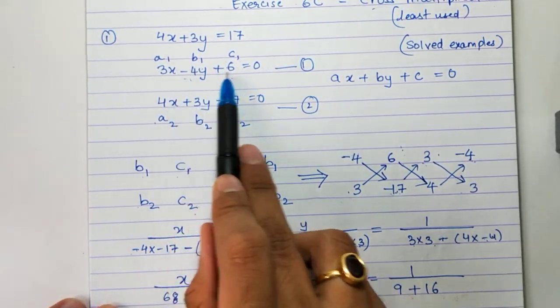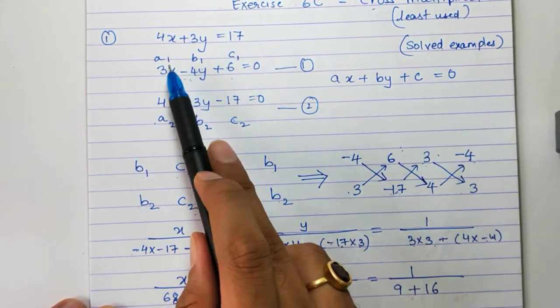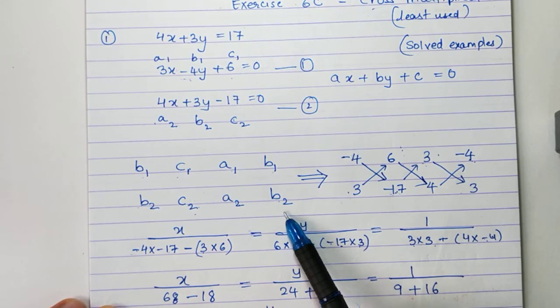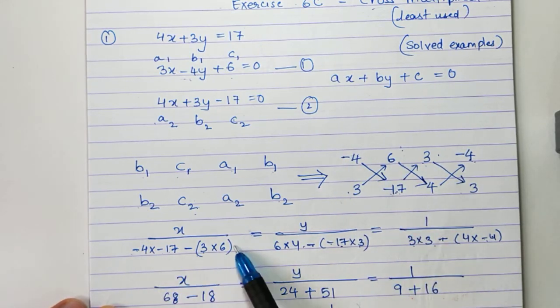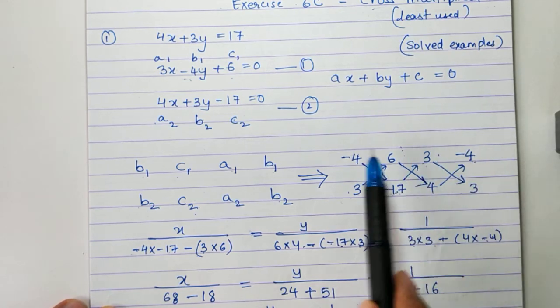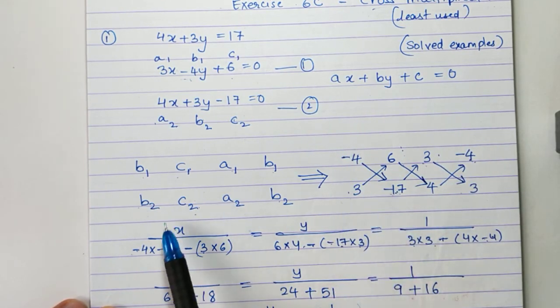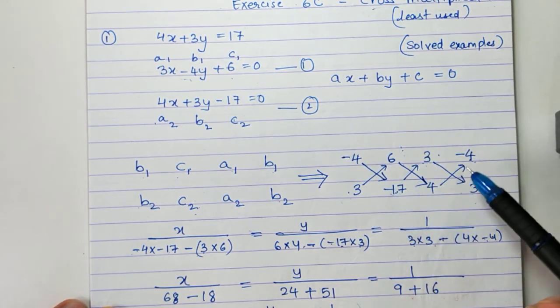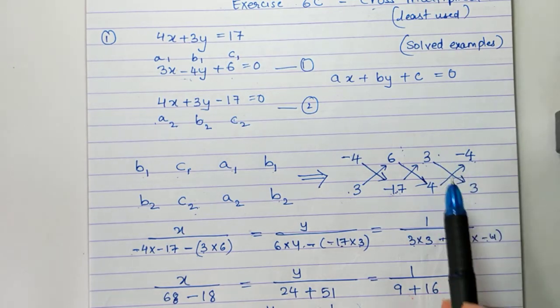First writing them in this form, then labeling them a1 b1 c1, a2 b2 c2, then write in standard form, cross multiply the first denominator, second denominator, and this is पहले ऊपर से नीचे. ठीक है, तो minus 4 into minus 17 minus 3 into 6, 6 into 4 minus 17 into 3, 3 into 3 minus 4 into minus 4.